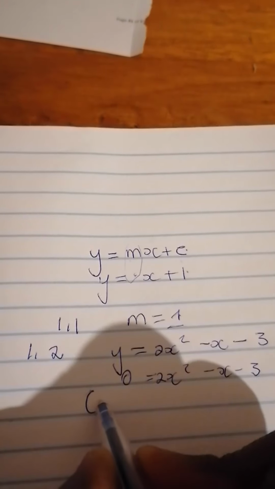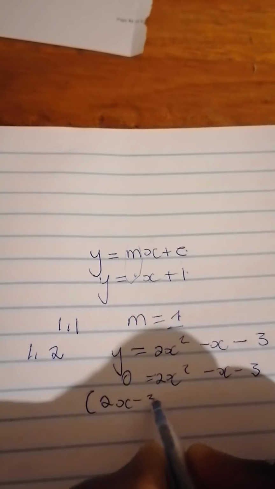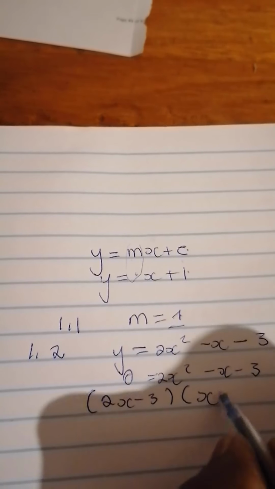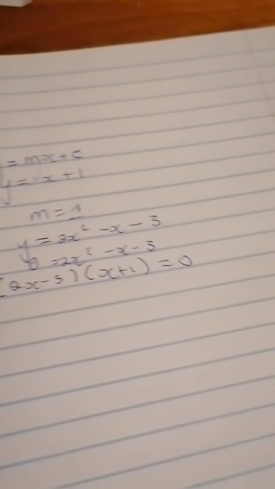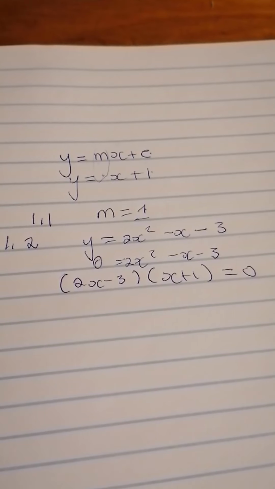So I factorize it and we get (2x minus 3)(x plus 1) equals 0. We could also decide to use the quadratic formula, but the normal way is easier.